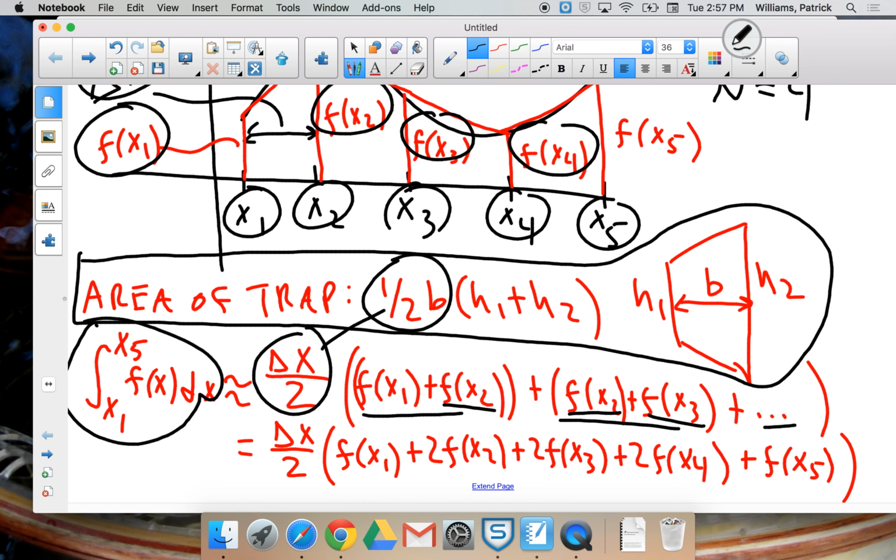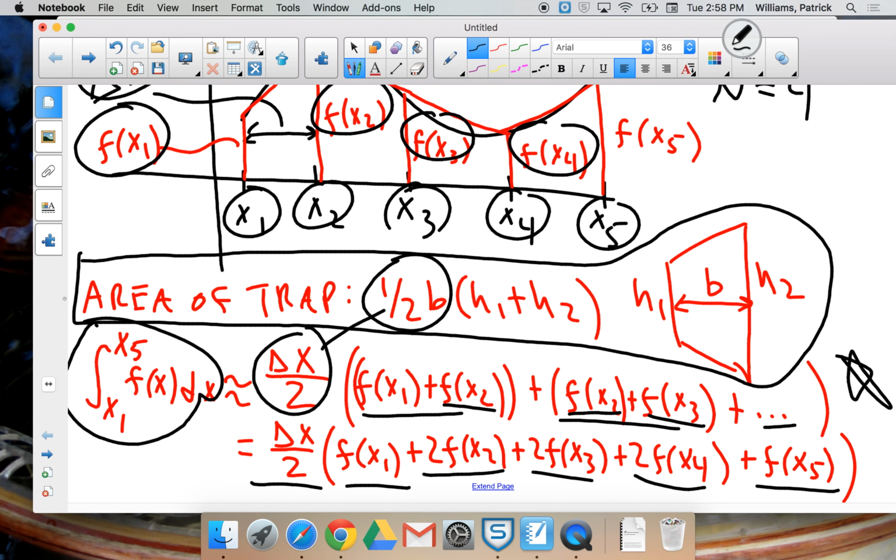So we can simplify this by just saying it's delta x over 2 times f of x1, which is our first height. Then we can double up all of our heights in between, and then for the last height, we'll just have one height there. If you write out the entire trapezoid rule, like I did partially in this step, if you write out the remaining 3 terms, you'll see that it just reduces down to this equation down below.